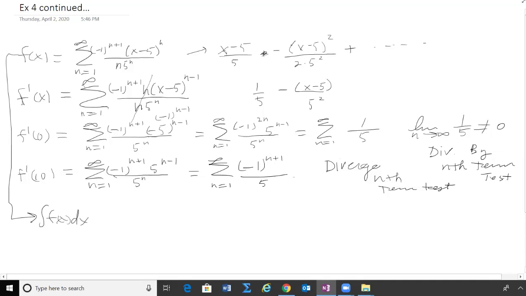Well, that means we'll do term by term integration on this, and we could do the whole thing at once. In other words, if I start taking the integral of this term in here, of an x minus 5 to the n plus 1, and then an n with an n plus 1 here, with a 5 to the n.